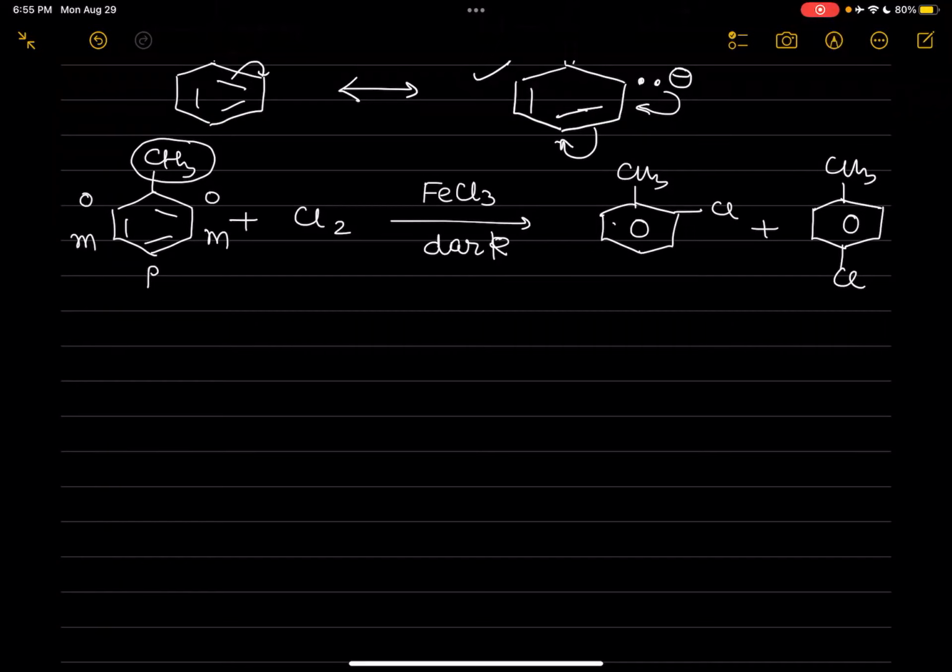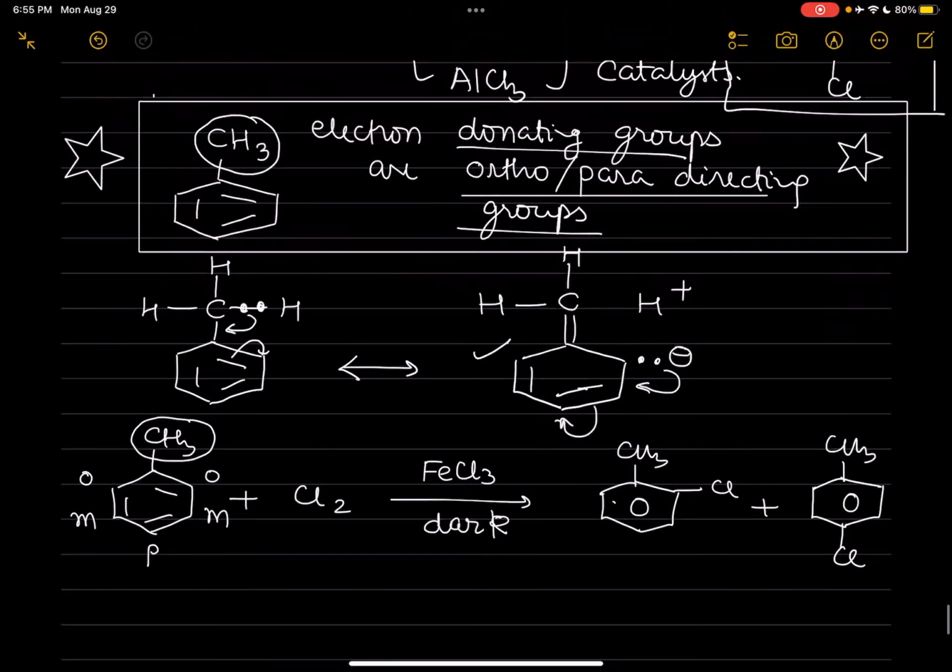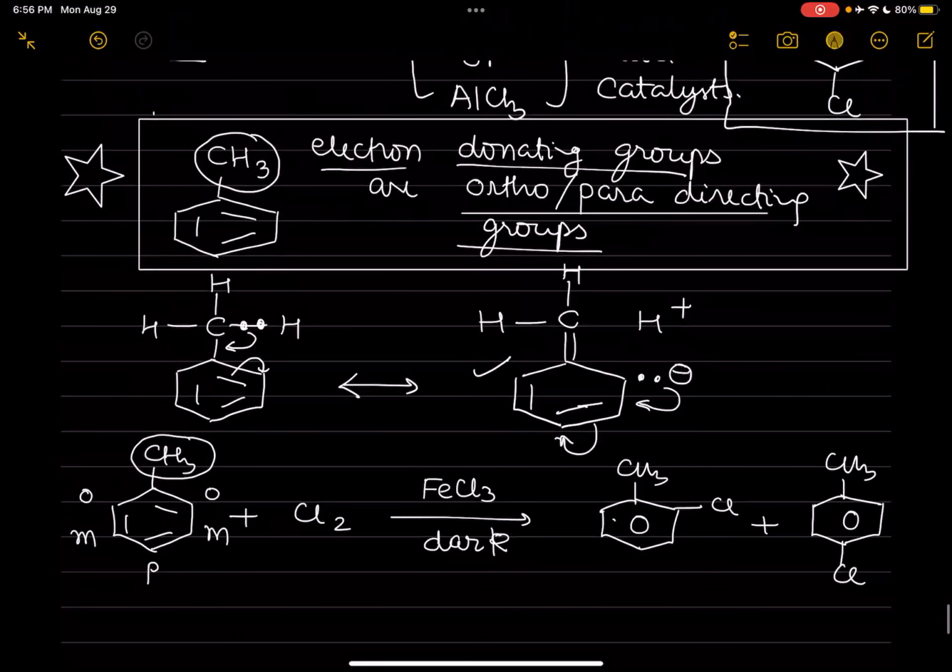This you can write, and this will help you do the reaction very quickly without taking much time. And the groups having lone pairs are also ortho para directing. You can write it as a thumb rule.